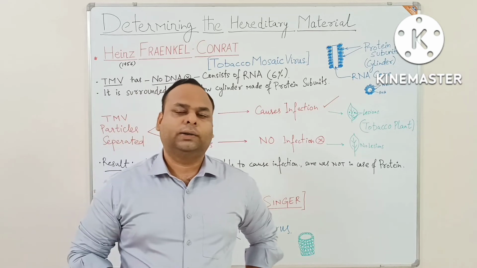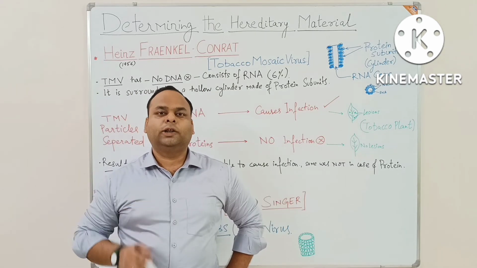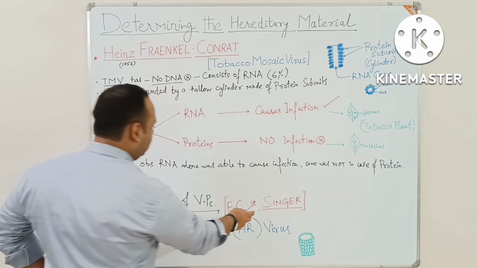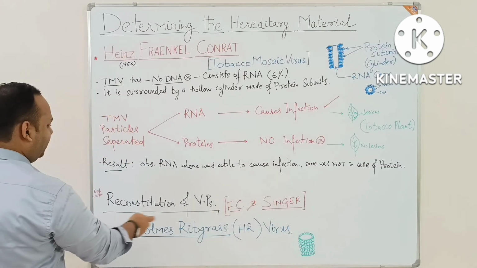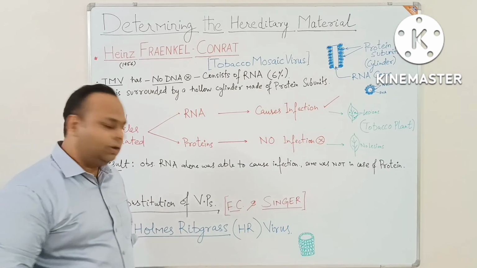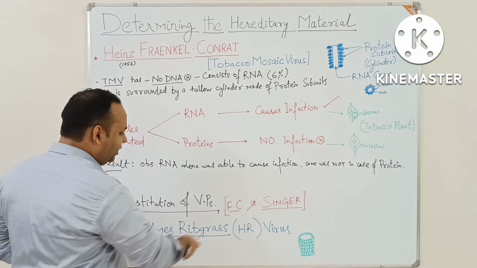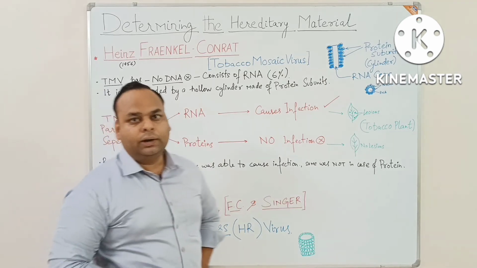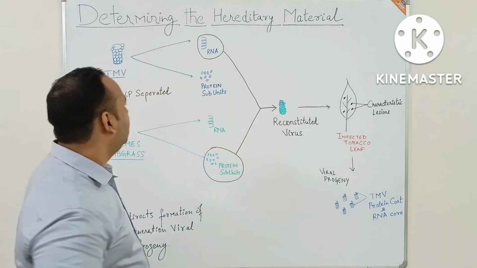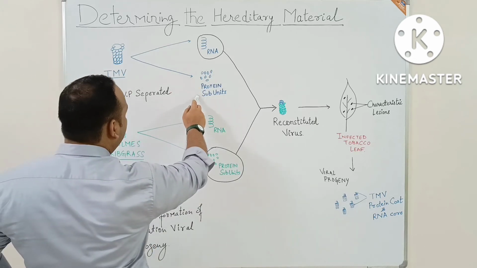In a related experiment performed by Fraenkel-Conrat together with Singer, reconstitution of viral particles was done. In this experiment, HR virus, or Holmes ribgrass virus, was also used together with TMV. The constituent particles of both viruses were separated into RNA and protein subunits.